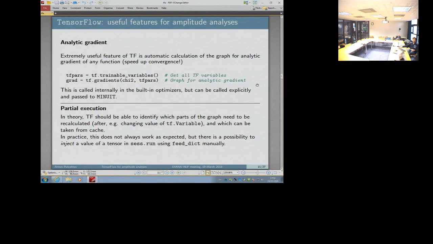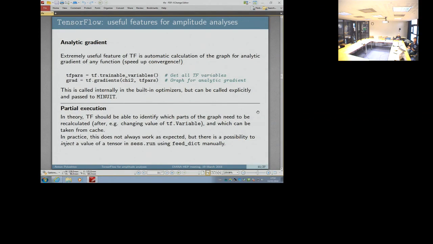That's it. In theory, there is something called partial execution in TensorFlow. In principle, TensorFlow should be able to identify which parts of the graph need to be recalculated. For instance, if you're changing the value of some of the variables while others stay the same, it should be able to identify which has to be recalculated and which you can take from cache. In practice, this doesn't always work as I would expect.